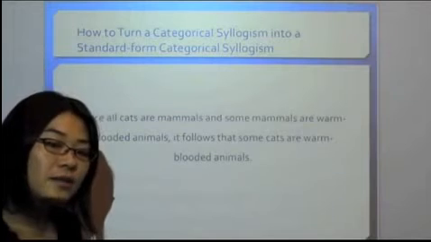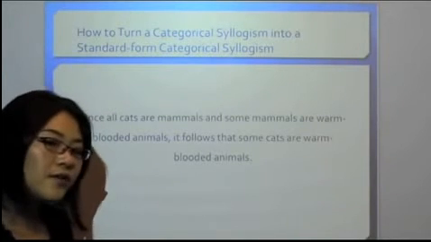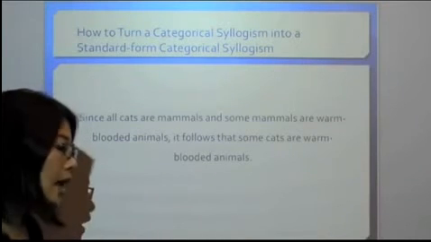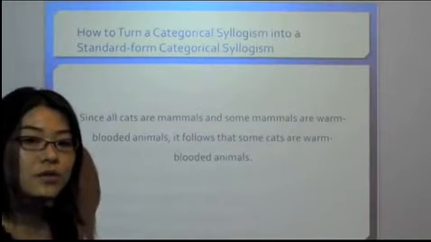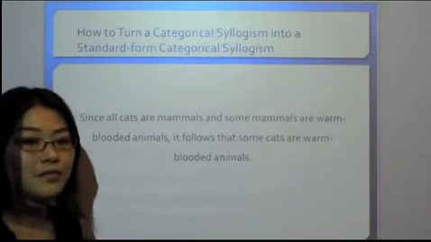Now, the first step that we want to take is to identify the premises and the conclusion. We've learned how to do this by using premise indicators and conclusion indicators. When we don't have them, remember, you have to think about the relationships between the statements.